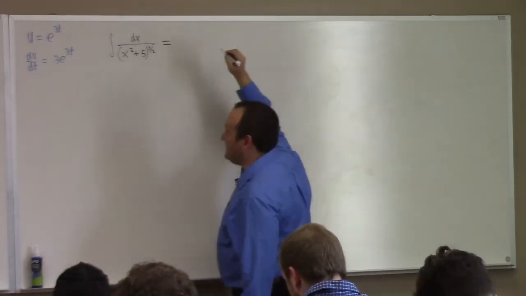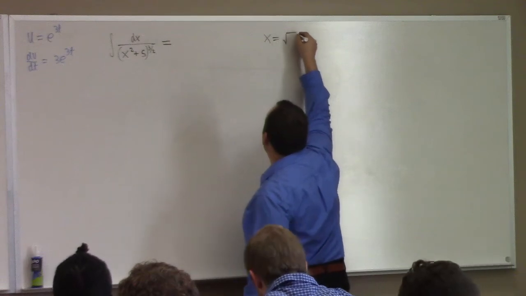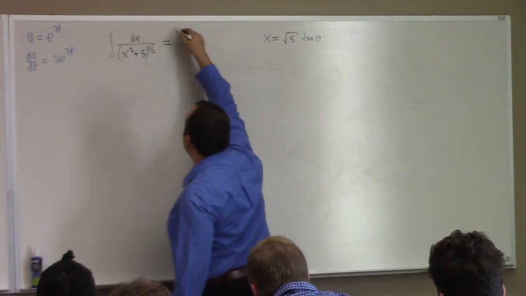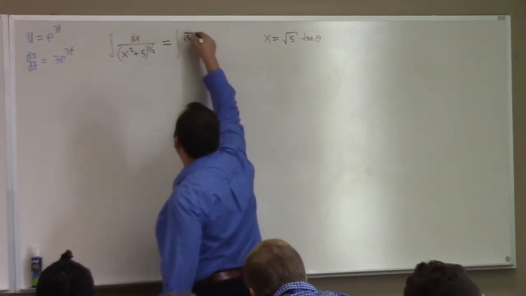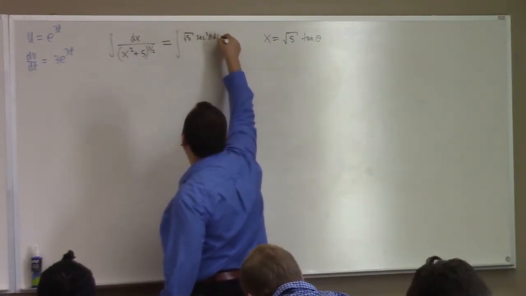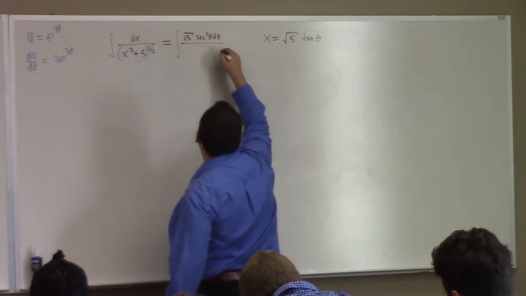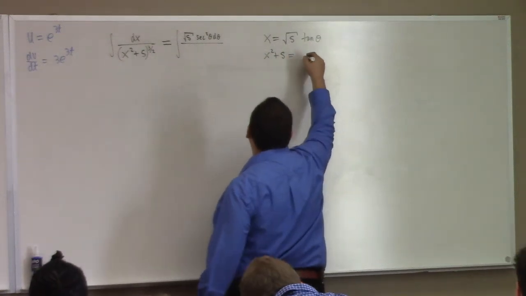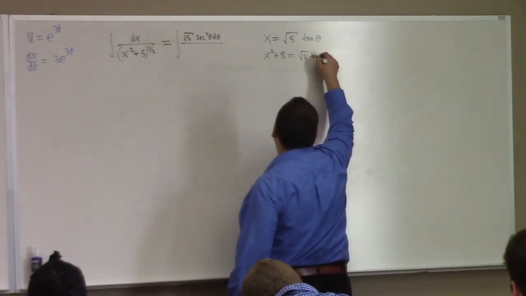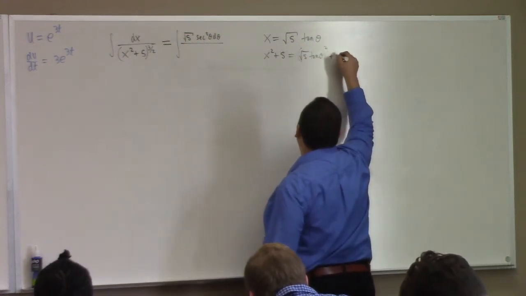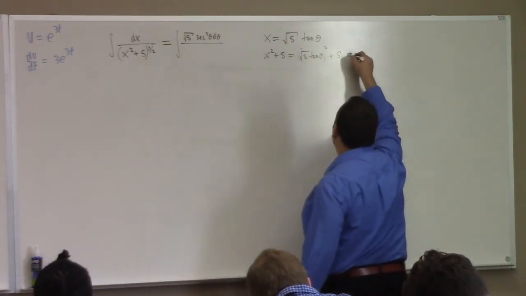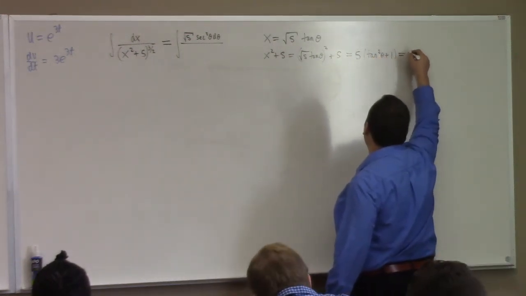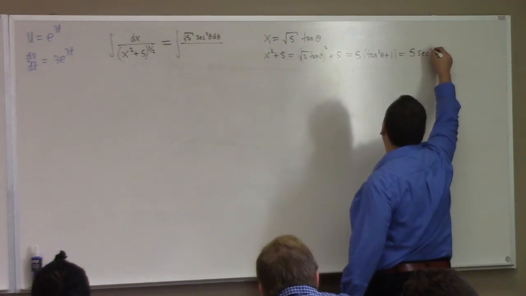So we make an x equals square root of 5 tangent theta substitution. Then with that trig substitution, we get root 5 secant squared theta d theta divided by, so this means that x squared plus 5 is going to be square root of 5 tangent theta squared plus 5, also known as 5 times tangent squared theta plus 1, aka 5 secant squared theta.